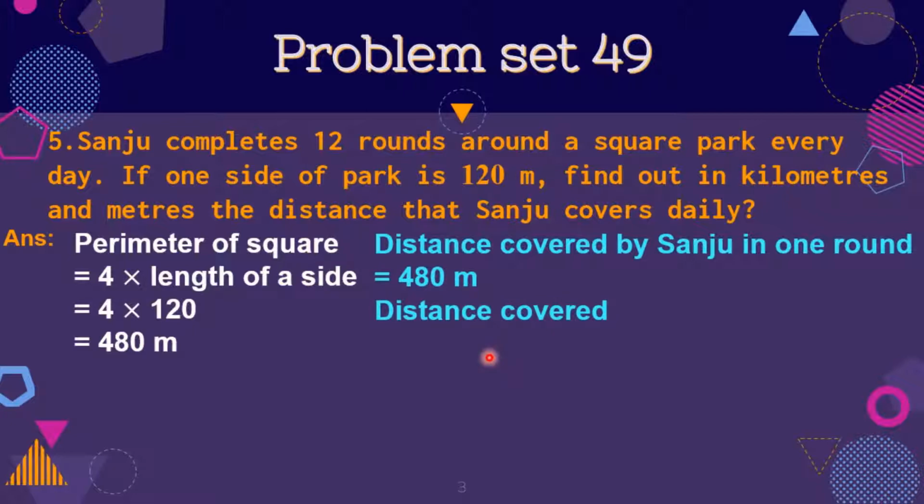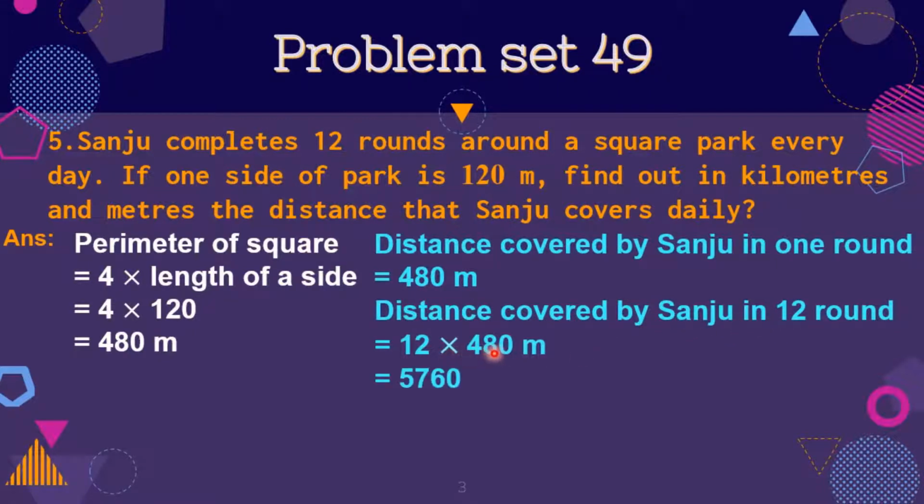and we get the distance covered by Sanju in 12 rounds is equal to 12 into 480, which is equal to 5760 meters. We know that 1 kilometer is equal to 1000 meters. So let us convert 5760 meters in kilometers.